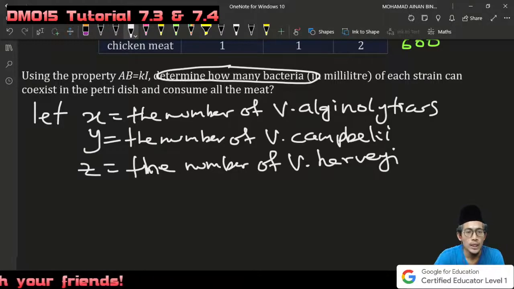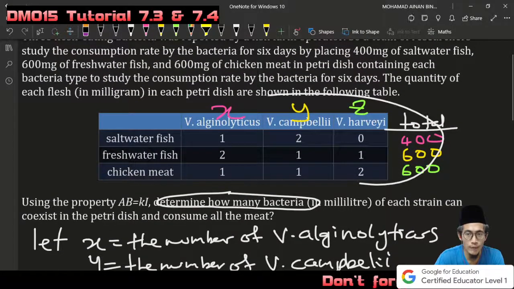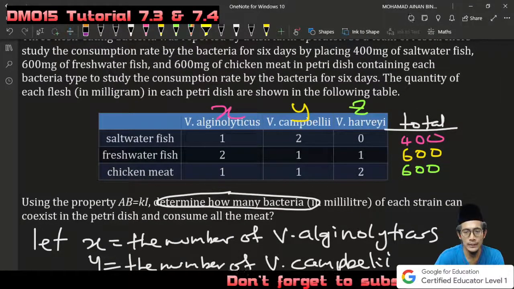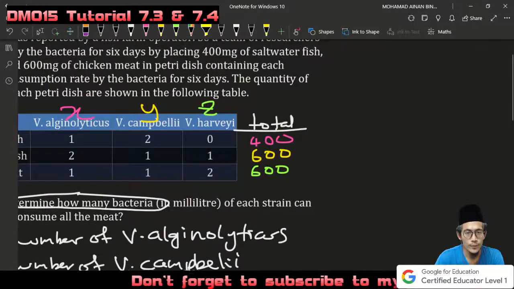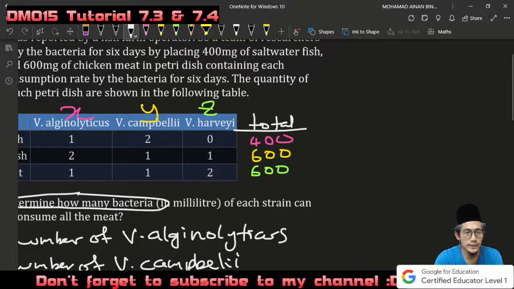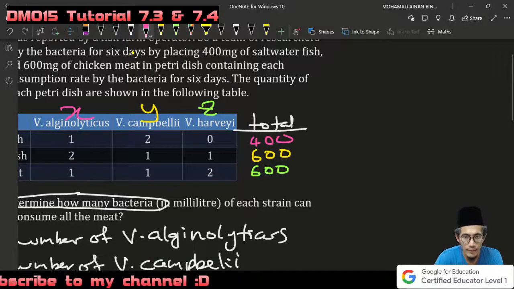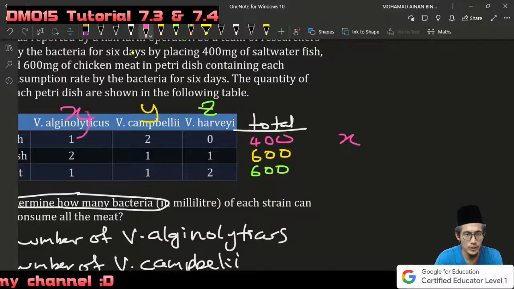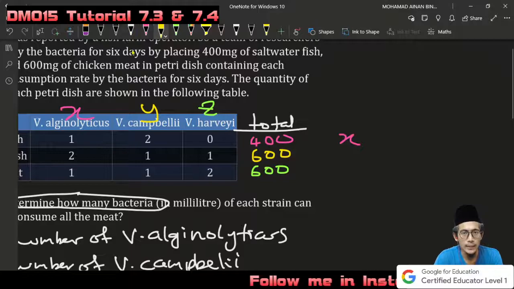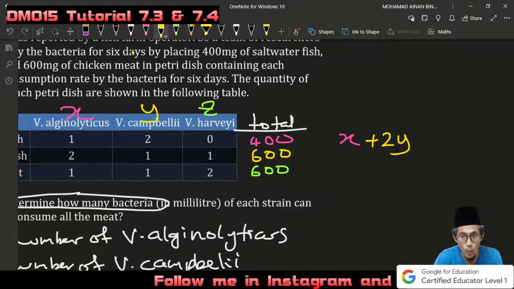Okay. Now, from here, we already have the variables. Then we can come up with the system of linear equations from the table. What is the first equation? The first one is X, because of this one. And then below, X, that's fine. We can add 2Y. Where do we get 2Y?